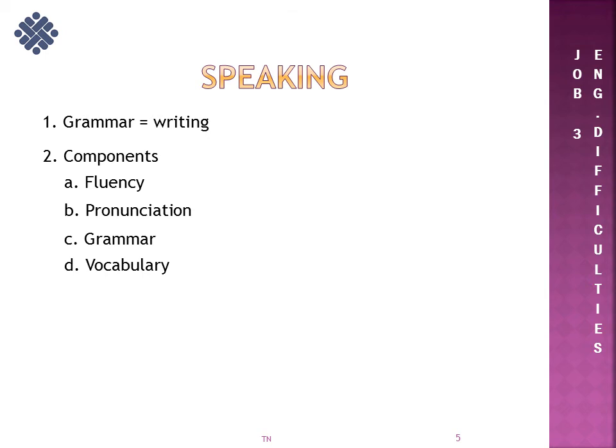Third, about grammar. Grammar is like my explanation before on slide 3 and 4. And the last is about vocabulary. It can be defined as all the words known and used by a particular person.